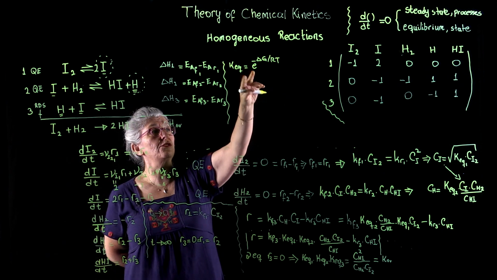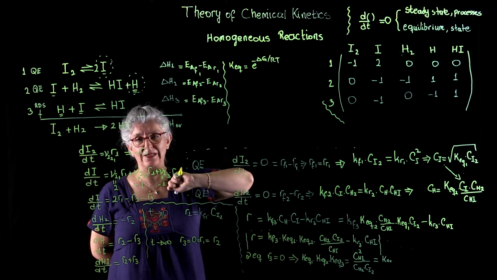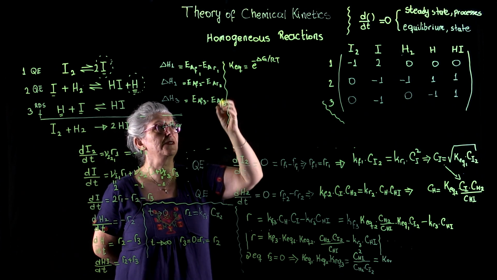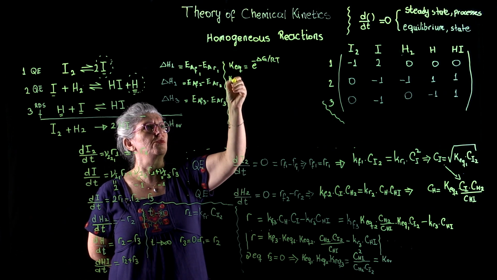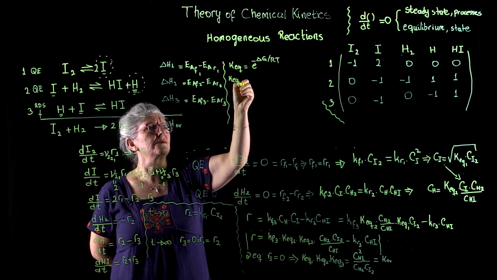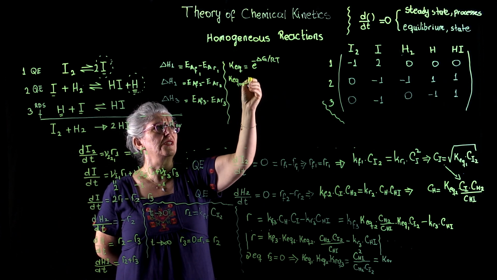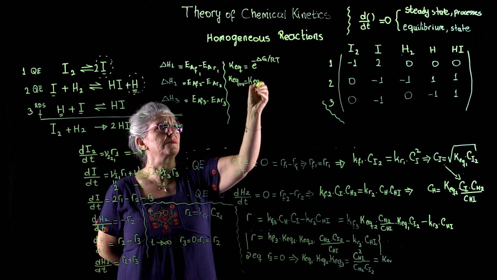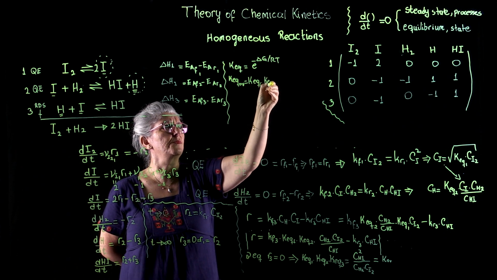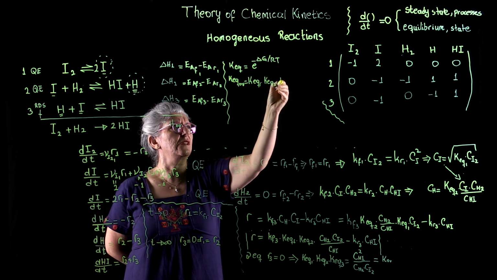And then I will substitute the free energy change relationship in that. So K equilibrium overall is equal to K equilibrium 1, K equilibrium 2, and K equilibrium 3.